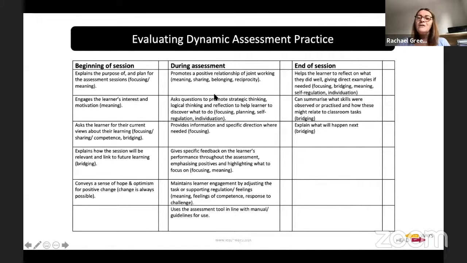And then during your assessment, the sorts of skills and qualities that you would have in your practice. And again, I bet you're doing a lot of these already. One aspect will be promoting a positive relationship that you convey through the way you're talking to the child, that you're not there testing them, checking whether they're getting this right at all.